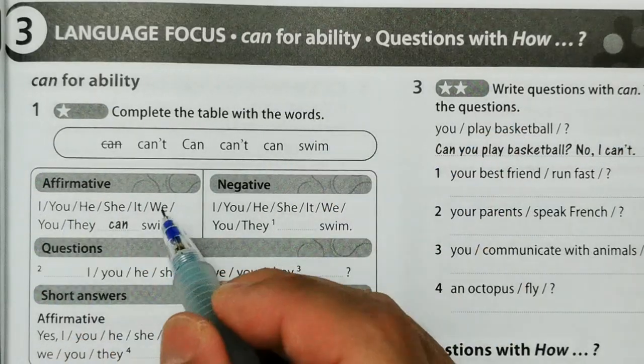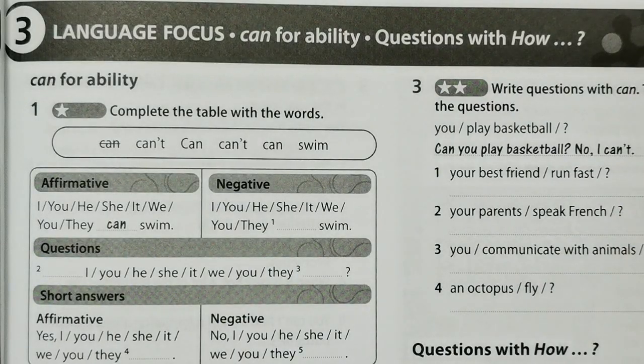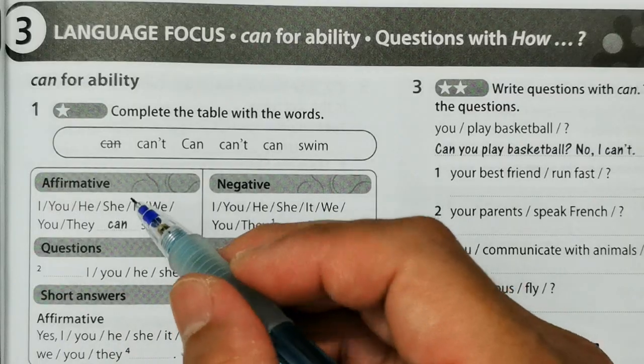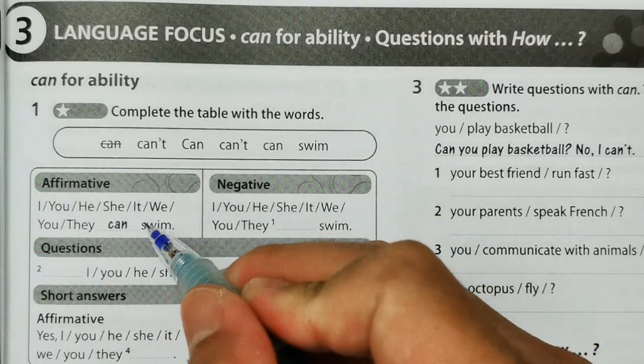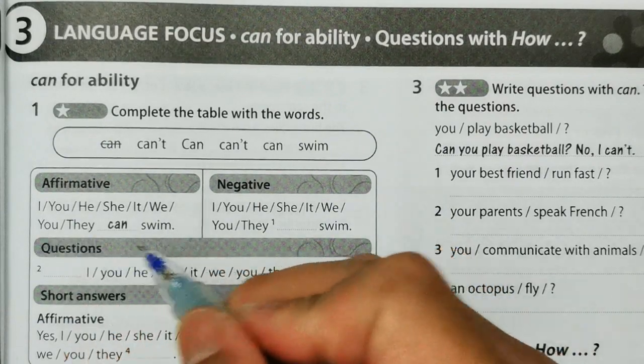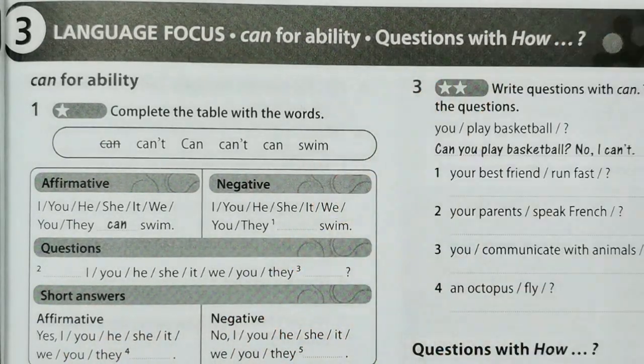We have these pronouns here: I, you, we, they, he, she, it. For you to remember, affirmative means something positive. So I can swim, you can swim, he can swim, she can swim, it can swim, we can swim, you can swim, they can swim, etc.